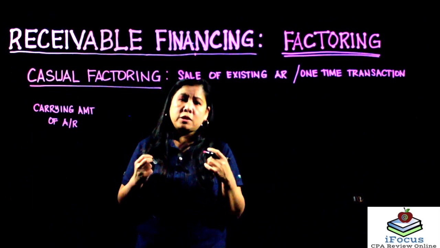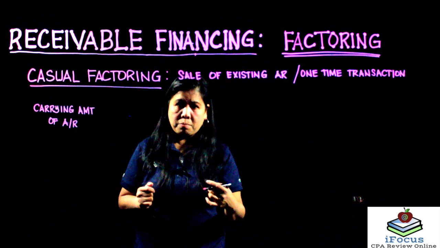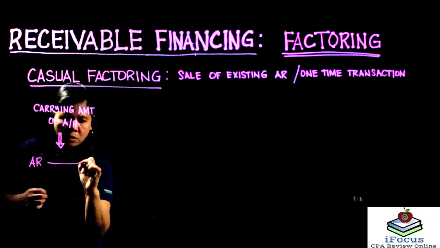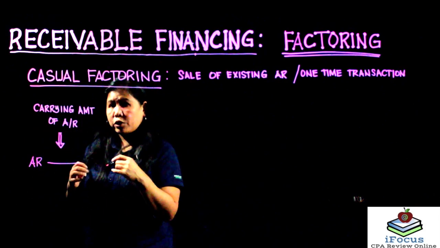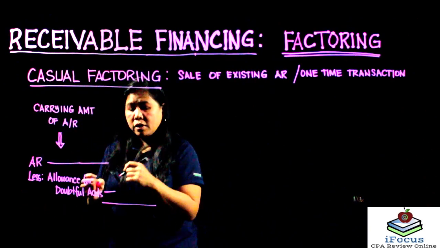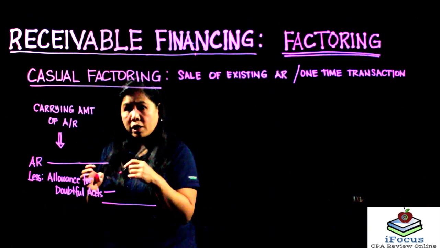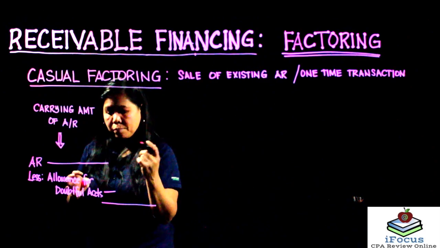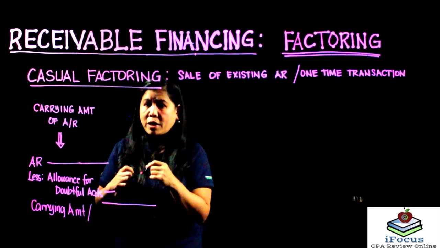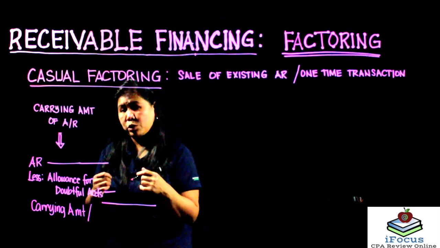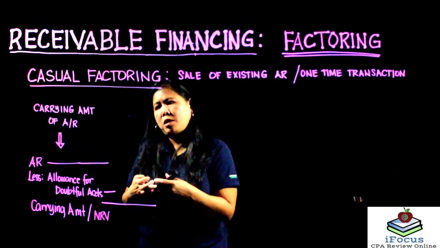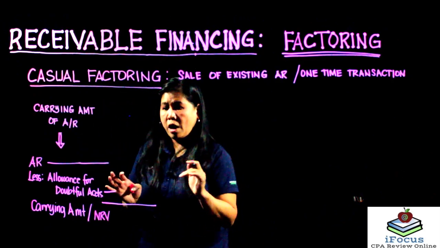To calculate for this carrying amount of the accounts receivable, we have our gross accounts receivable, then we less our allowance for doubtful accounts. Then this is your carrying amount of your accounts receivable na binibenta ng company. This is also what we call the net realizable value of your accounts receivable. Alright, let's say for example, we have accounts receivable of 100,000.